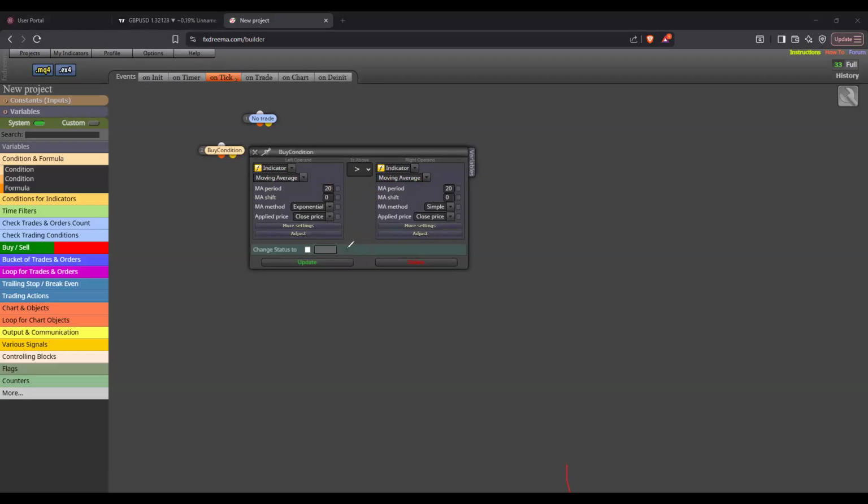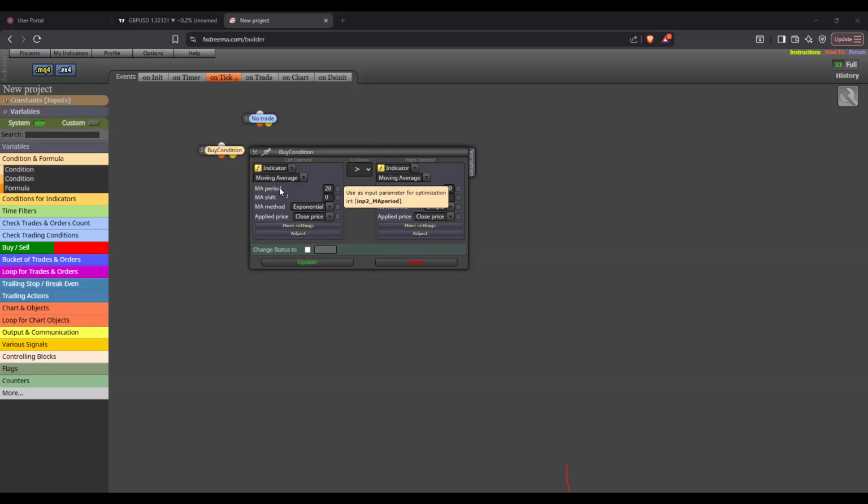So remember, if you open an EA under inputs, you'll be able to adjust certain things like the stop loss value or some parameters. If you check this box, then that parameter would be editable.